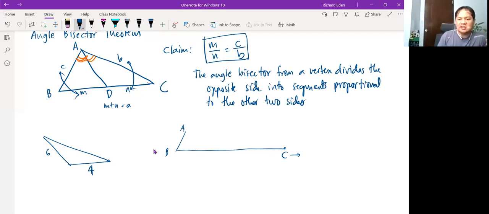B is here, and A is here, and vertex C is very, very far away, right? Imagine that point C, from its current location, you're pushing it further and further to the right. So that's going to make AC also longer and longer, right?